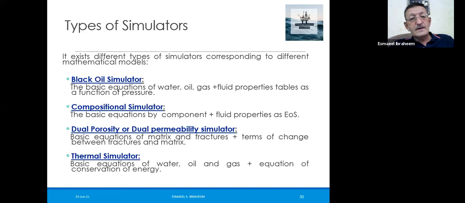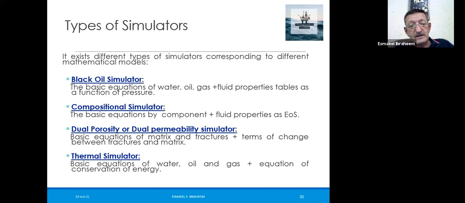We have seen many types of simulators produced by the companies. Different types of simulators exist, corresponding to different mathematical models.